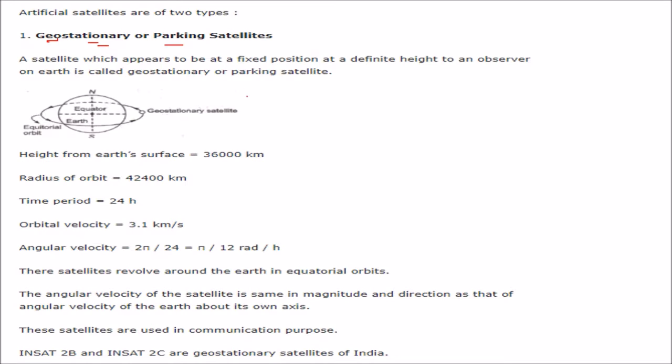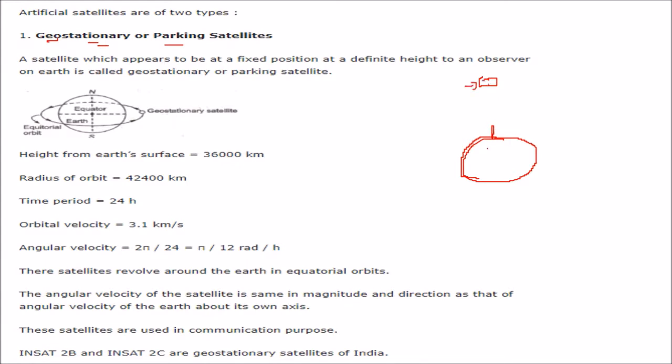So if this is Earth and you are here, you see a satellite always at this place only. It is not moving. Why is it not moving? Because of the Earth's rotation about its axis. The time period of Earth's rotation is exactly the same as that of this satellite.